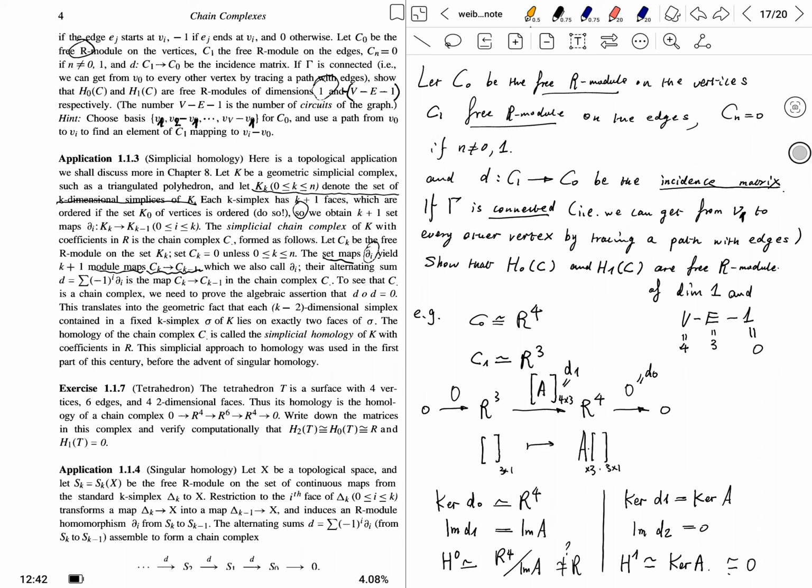Geometrically, it means you can start with a vertex V1 and arrive at all other vertices through your edges, which is equivalent to any two vertices being connected by a path. In this case, prove that H0 of this given chain complex is isomorphic to R, which means isomorphic to R.